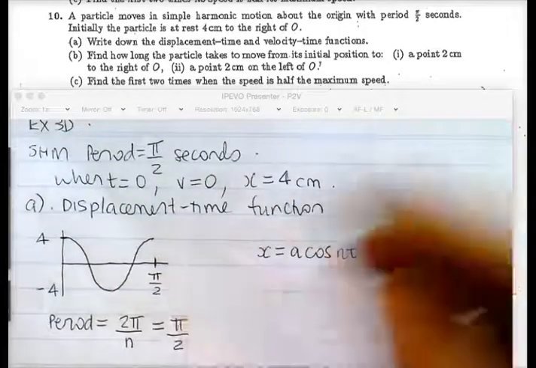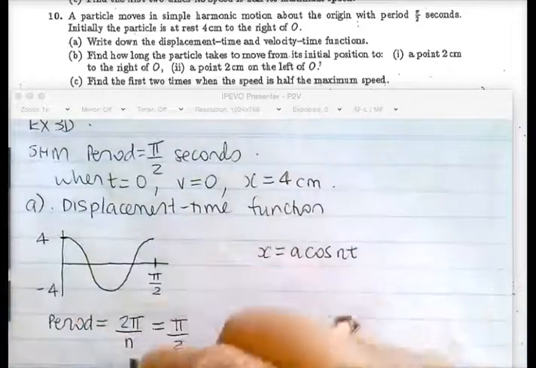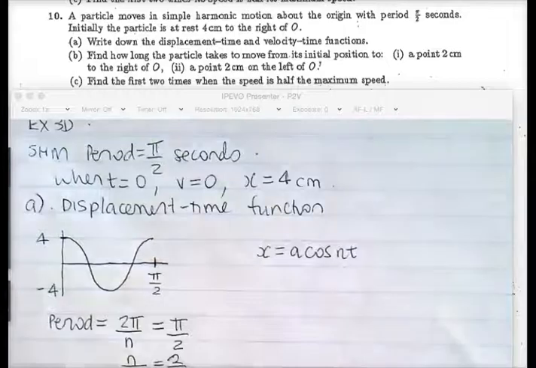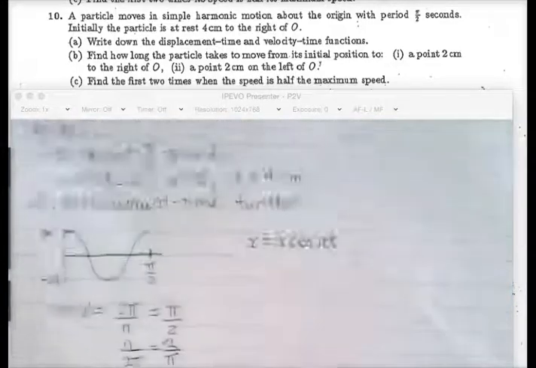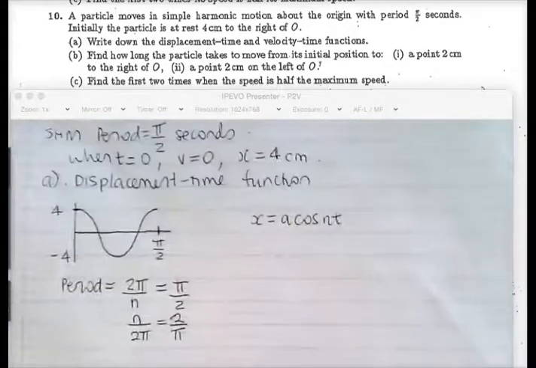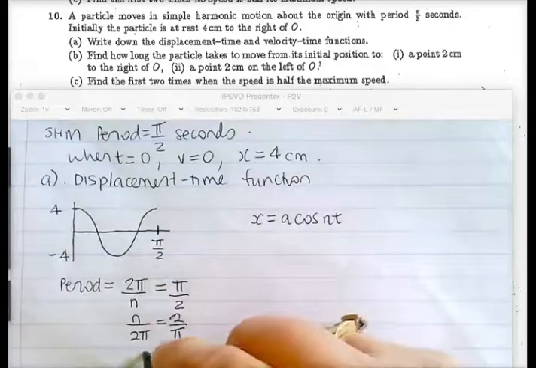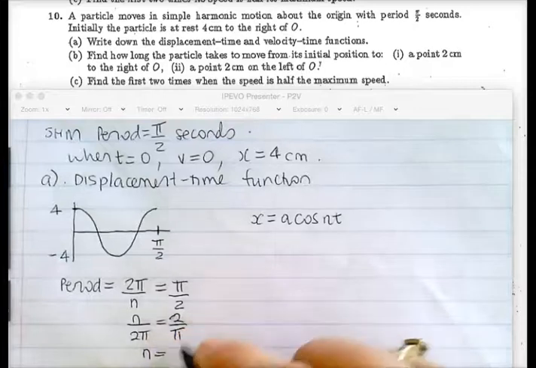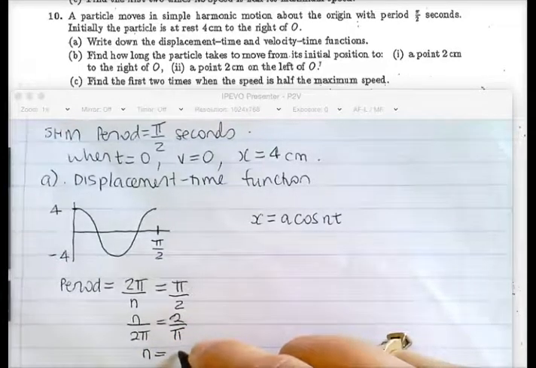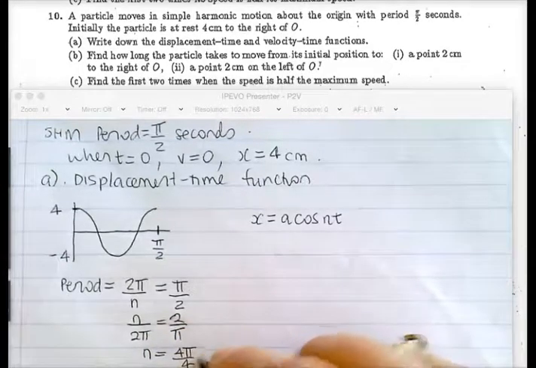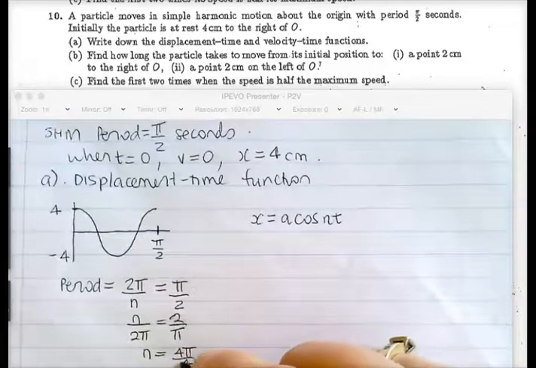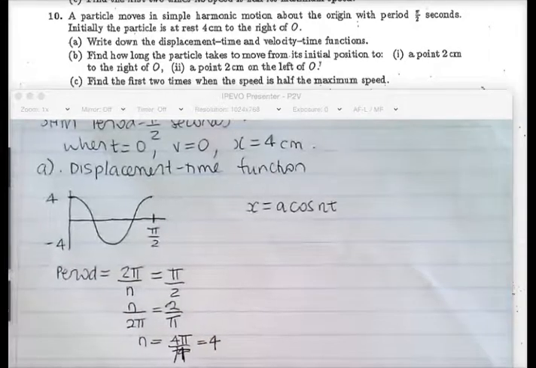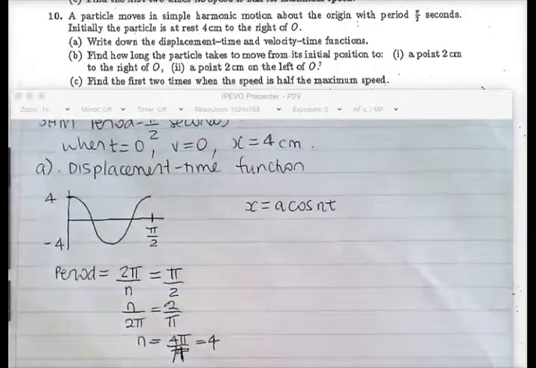Solving for n, I'm going to flip both sides: n on 2 pi equals 2 on pi. Are we okay with that? I take reciprocals of both sides. So what does n equal? It's 4 pi on pi, which is 4.